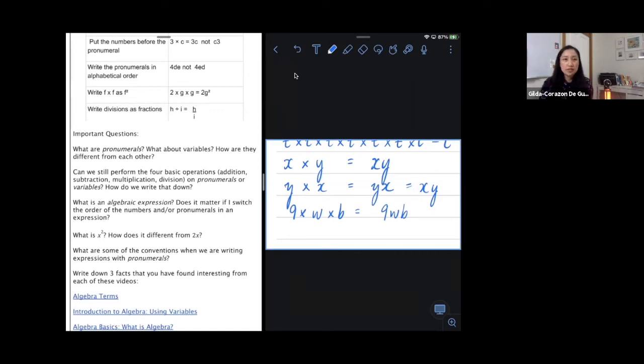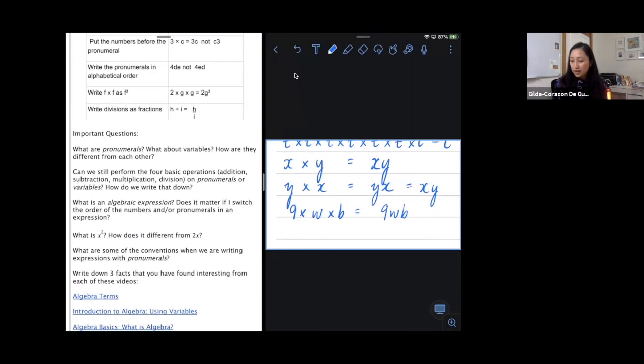So just like when we said yx, is that the same as xy? Yes, they are the same. The values would be the same, right? But how you write them, there's a certain way of writing them properly, or maybe more elegant, okay? Mathematicians love the word elegant, okay?